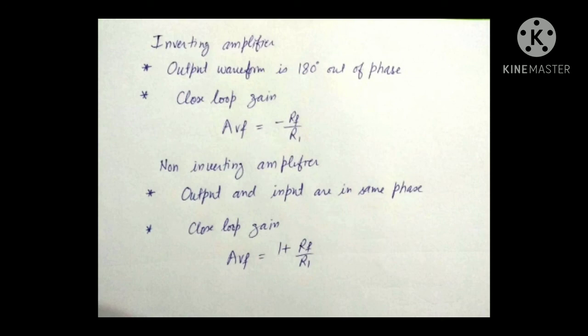The minus sign in the closed loop gain of inverting amplifier signifies the 180 degree out of phase output. And also it should be noted that the closed loop gain only depends upon the two resistances, that is R1 and the feedback resistance RF, and no other value comes in the expression.